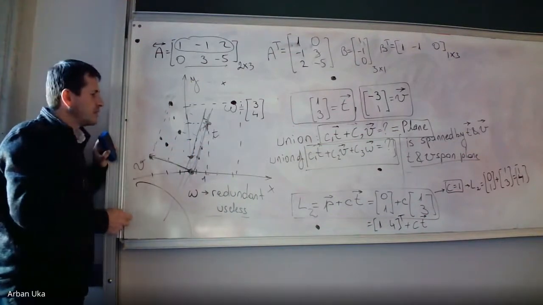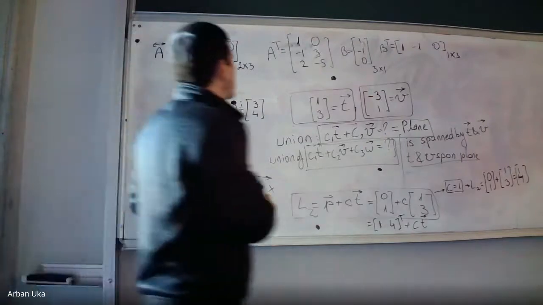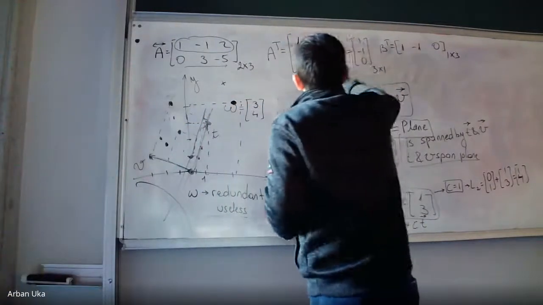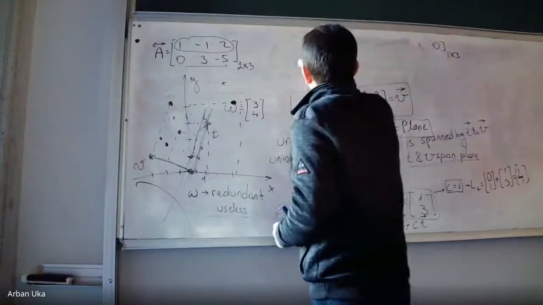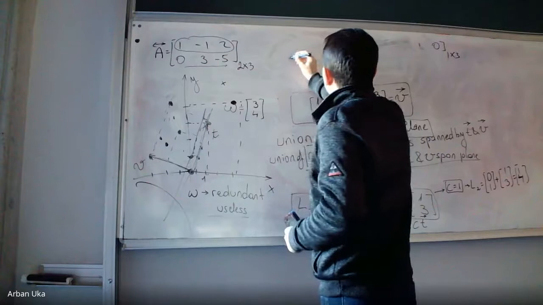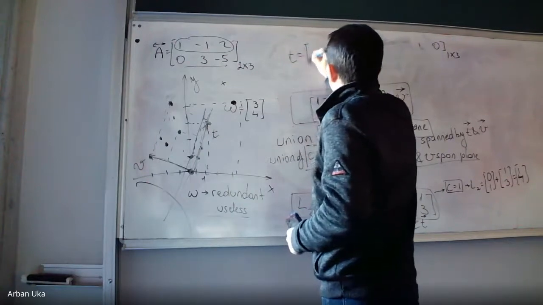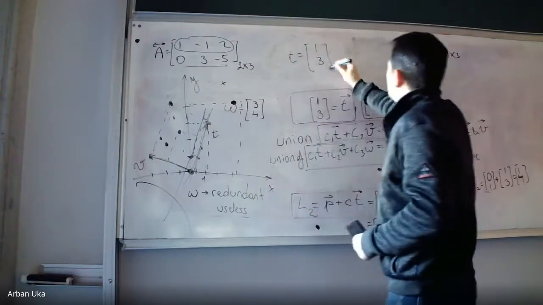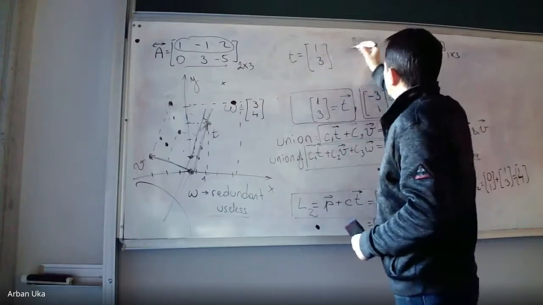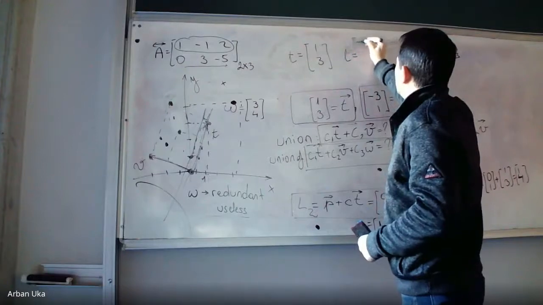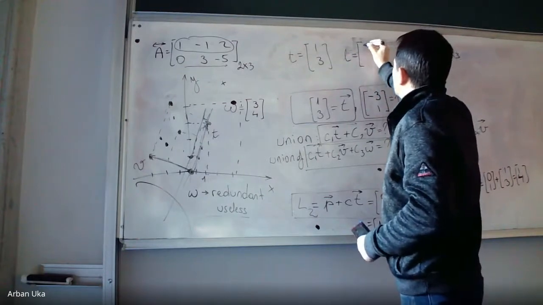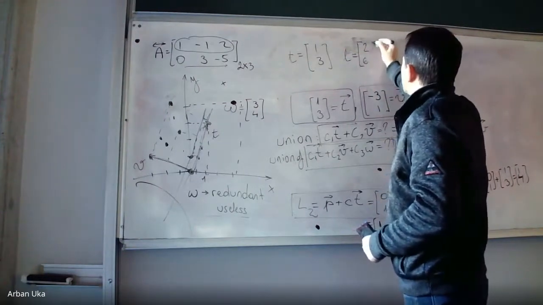We could also see, what about this one? I can ask another question. What could be the union of points? So let's assume we have T, which is equal to 1, 3, and let's define a vector L, which is equal to 2, 6.